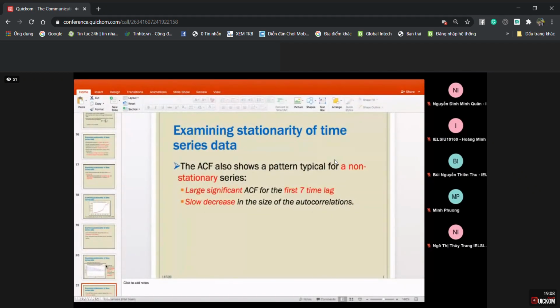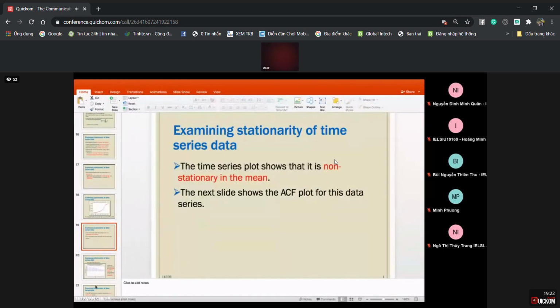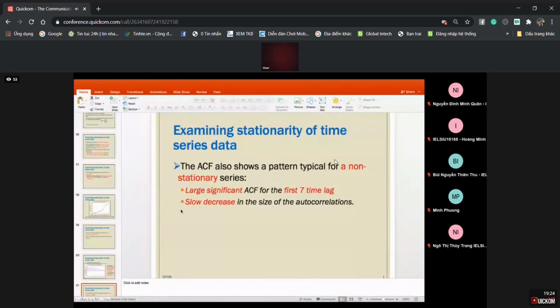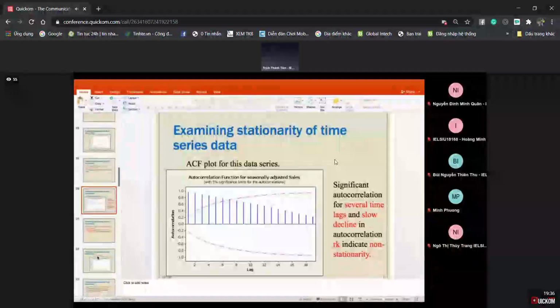If you look at the next slide, from the first to the seventh lag here, it is significant and slowly decreasing. From seven, you can see the slow decline.